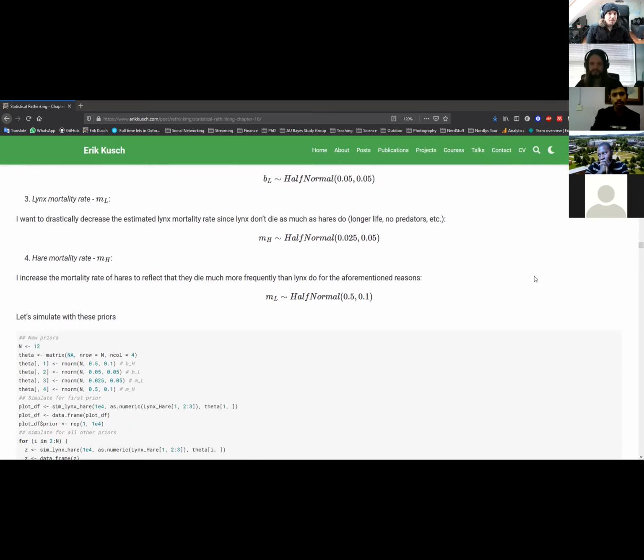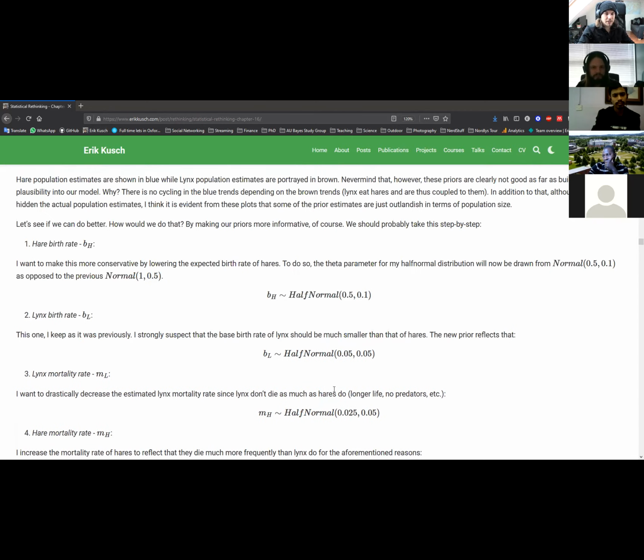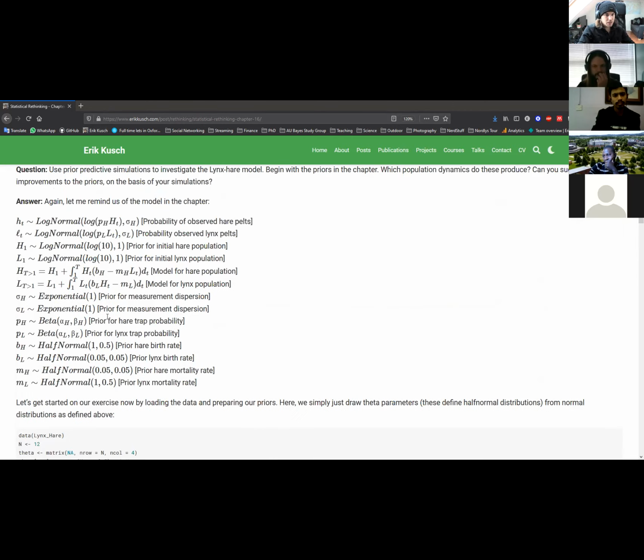Now onto the mortality. I think that lynx mortality was way too high previously. Lynx mortality was half normal with 1 and 0.5.